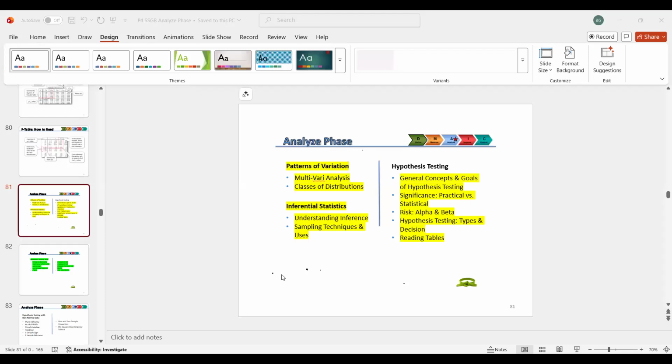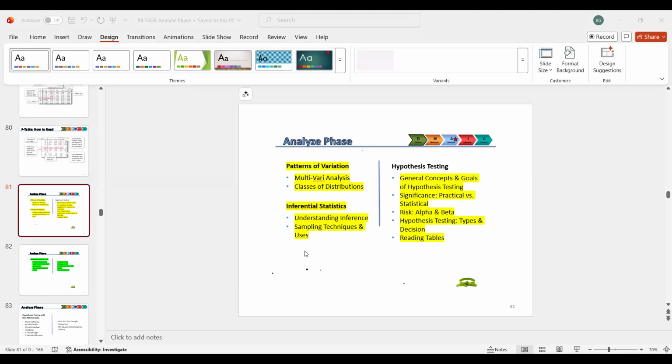So last week, we talked about multivariate analysis, class of distribution, sampling techniques in inference, general concepts and goals of hypothesis testing, practical versus statistical significance. We're looking at statistical significance.